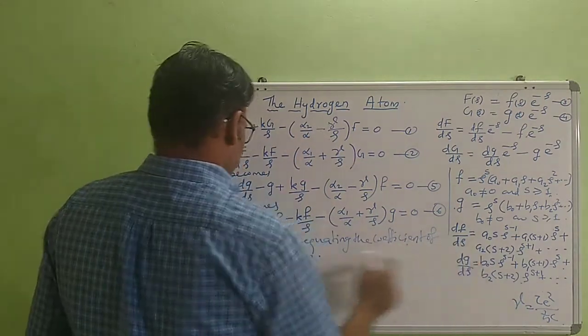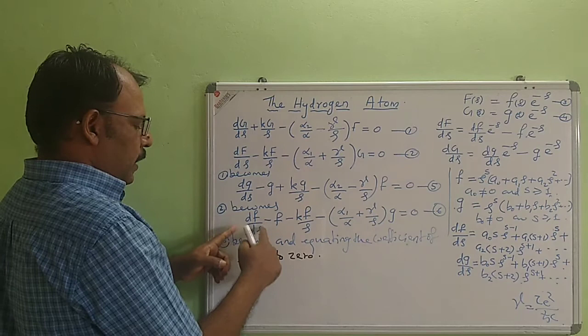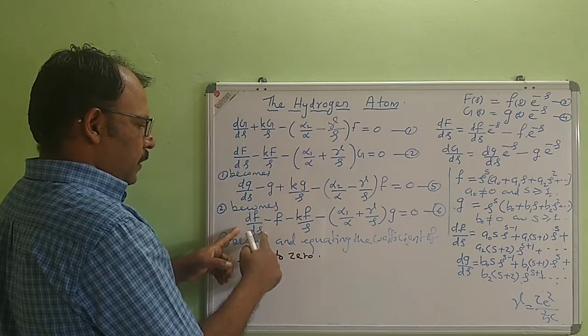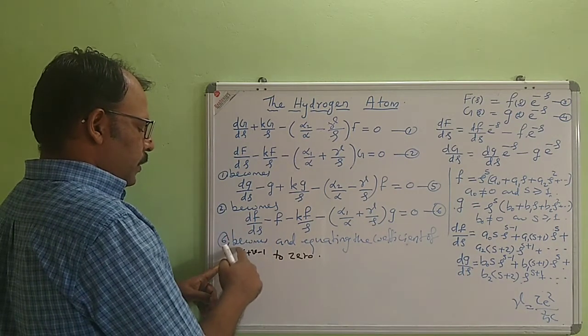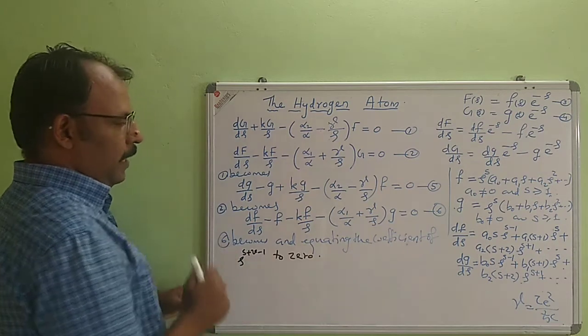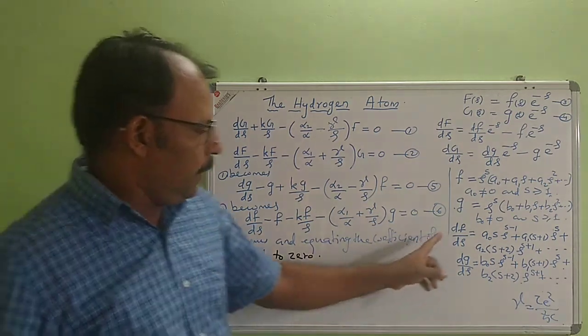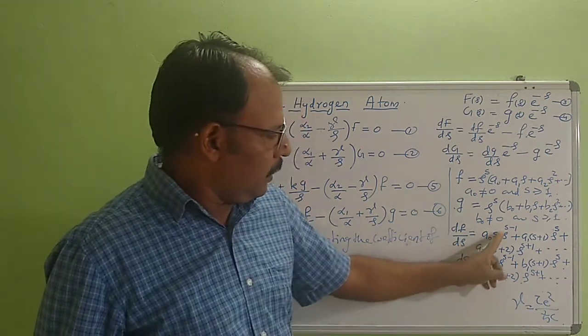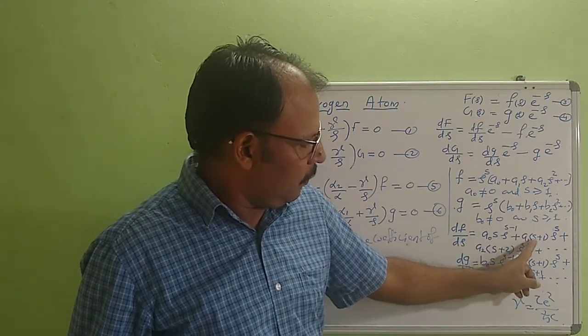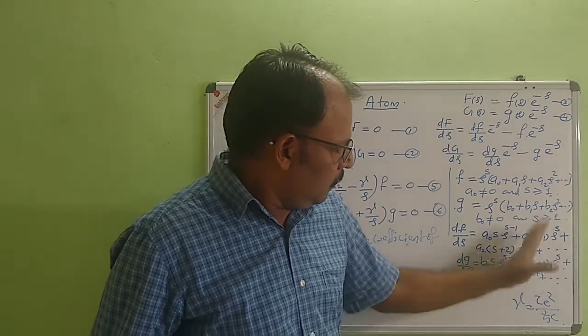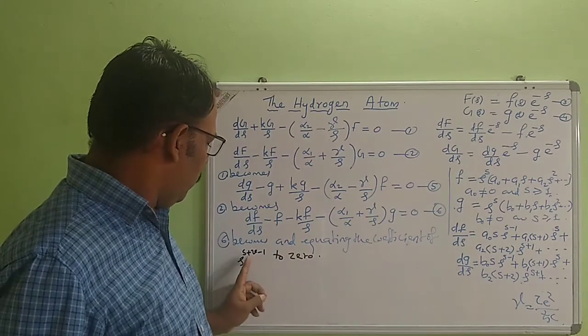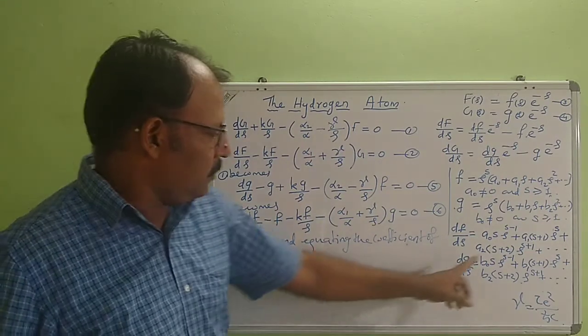So from the term dF by d rho, first find the coefficient of rho raised to S plus v minus 1. What is dF by d rho? dF by d rho is a0 S rho raised to S minus 1 plus a1 S plus 1 rho raised to S, plus etc. Now take the coefficient of rho raised to S plus v minus 1.